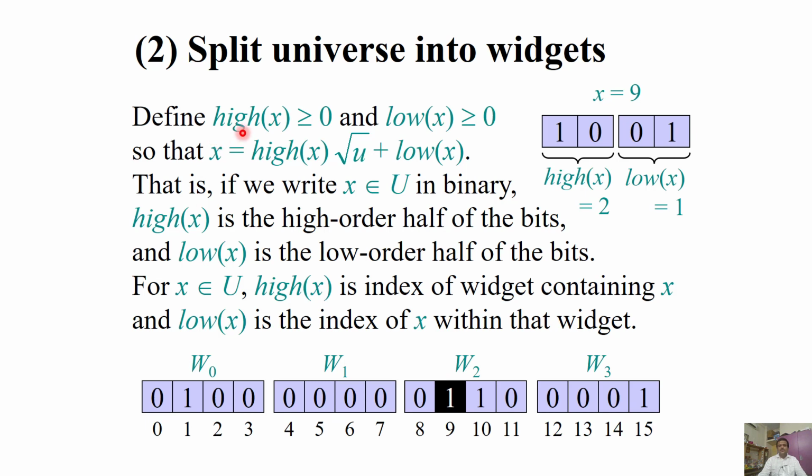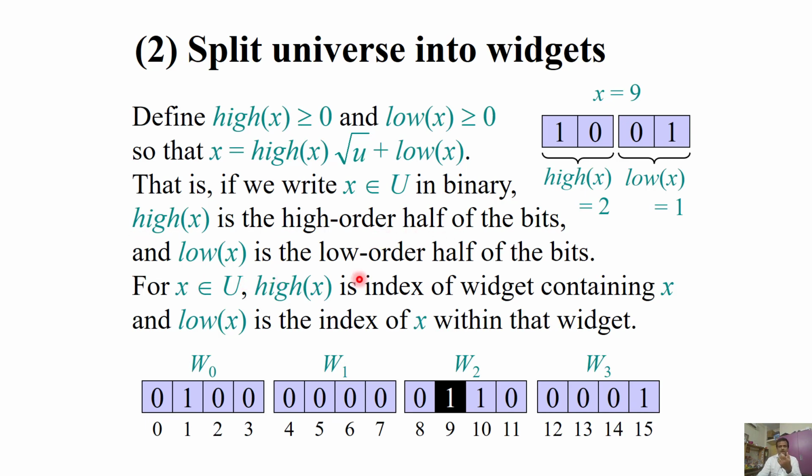So this is the way. We defined high of x and low of x, where x equals high of x times root u plus low of x. You can think of it as writing x in binary: the most significant half of the bits is high of x, and the least significant half is low of x.